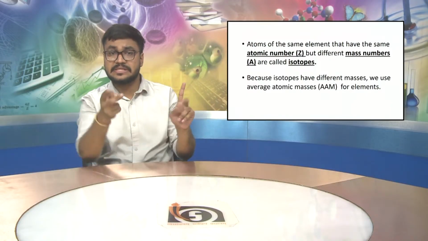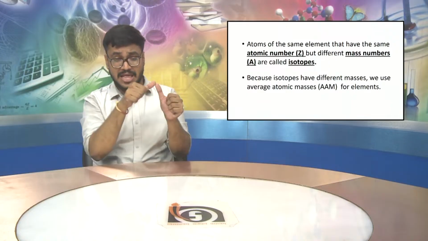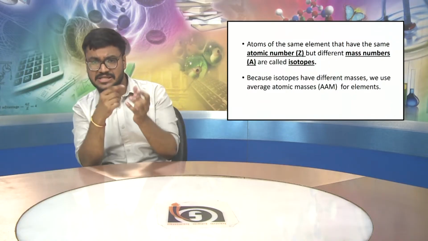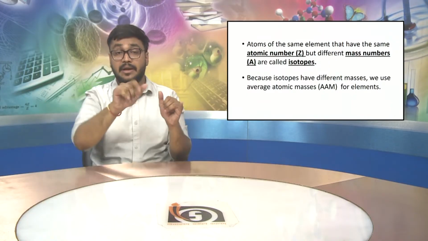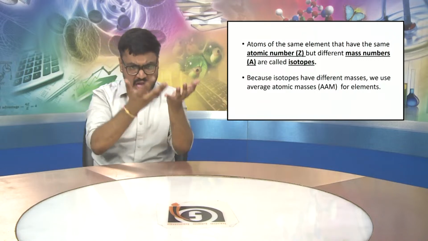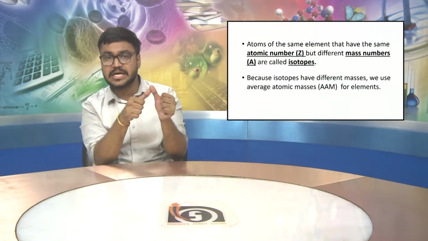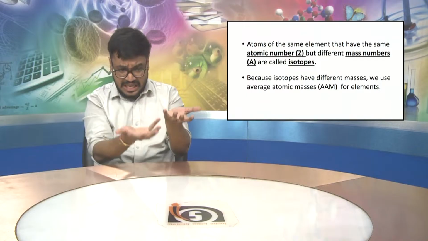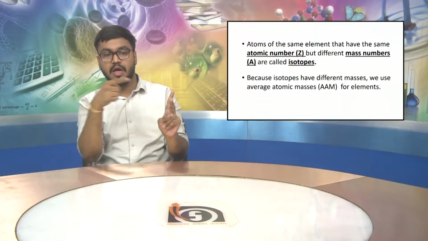Atoms of the same element that have the same atomic number, which is Z, but different mass number, which is A, are called isotopes.